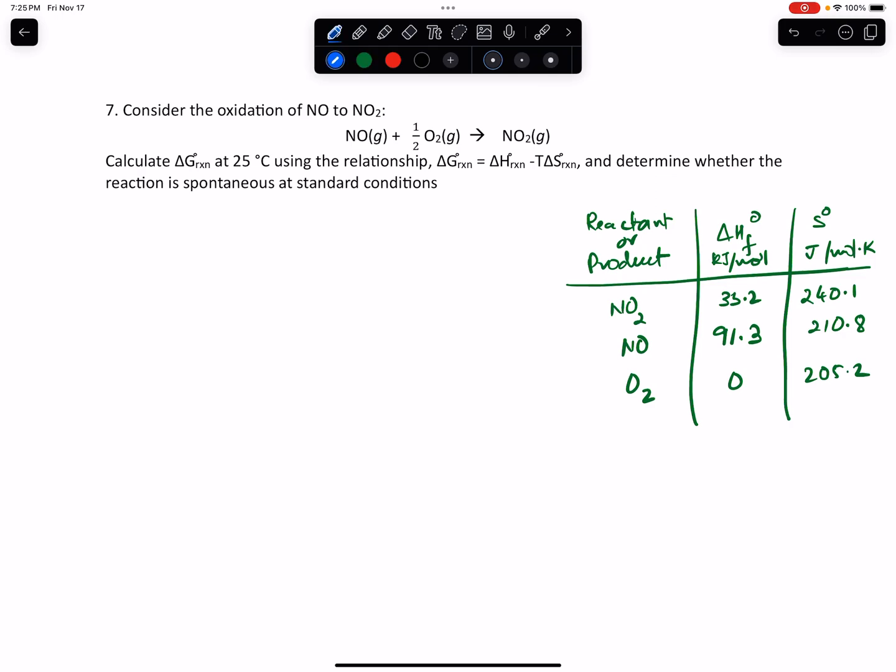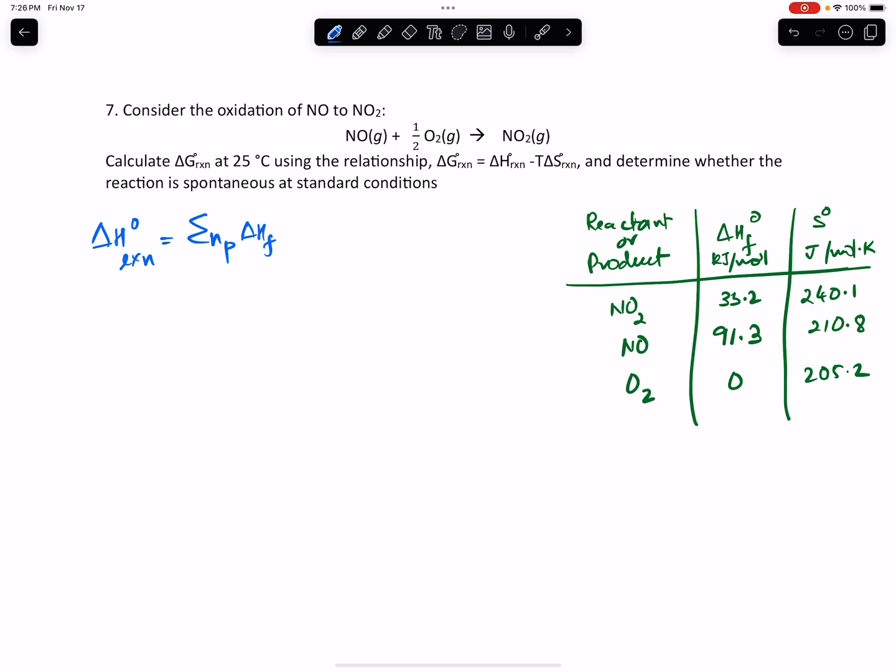Delta H naught of the reaction is equal to the summation of n_p delta H_f naught of the products minus the summation of n_r delta H_f naught of the reactants.